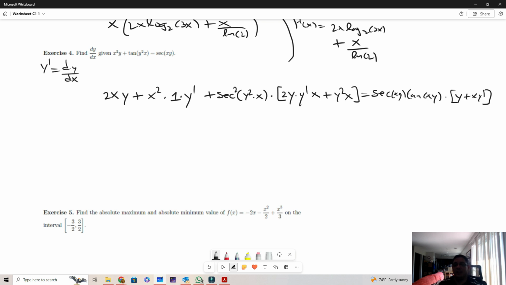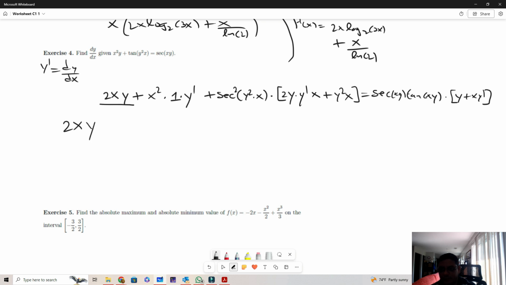So this is a lot, and the next step that we gotta take is that we actually want to separate things that are with y prime on one side and things that are without y prime on the other side. So let me put everything without y prime on this side.